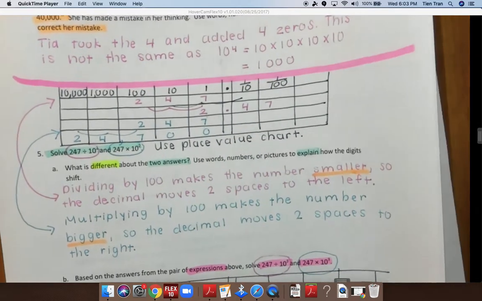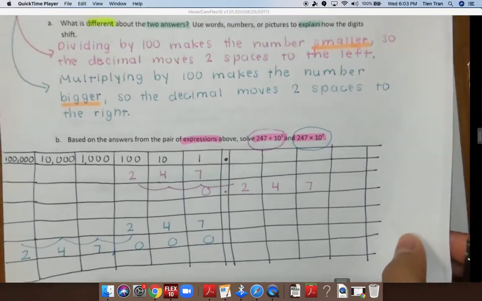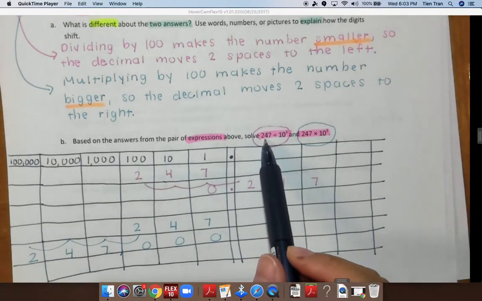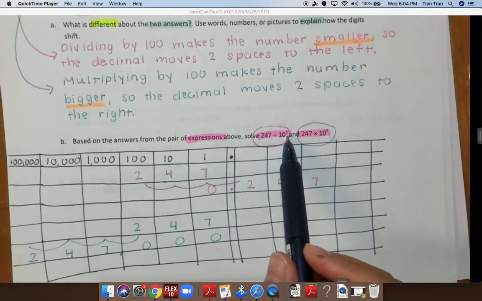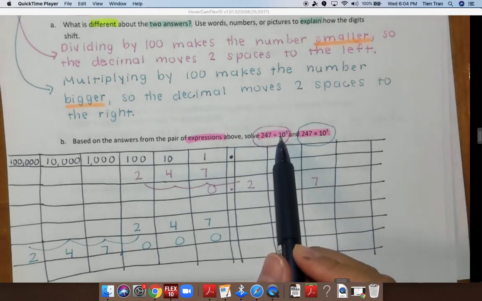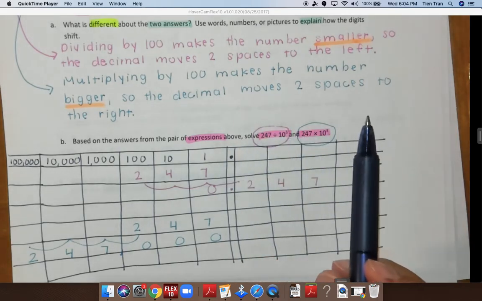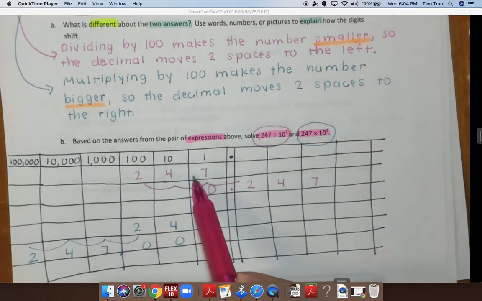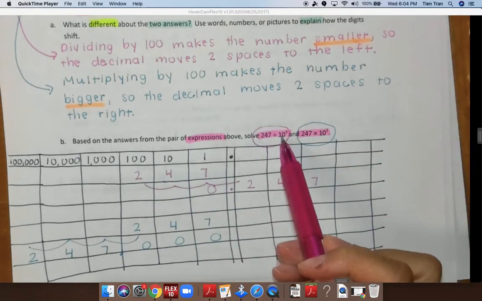Now, problem B. Based on the answers from the pair of expressions above, solve 247 divided by 10 to the power 3 and 247 times 10 to the power 3. So the first one right here, 247 divided by 10 to the power 3. I actually wrote down 247 right here, and then divided by 10 to the power 3.